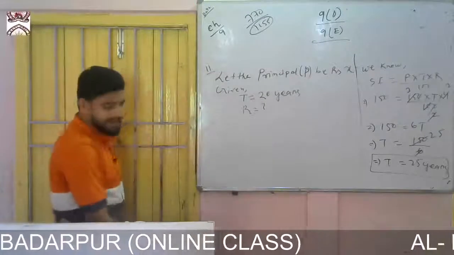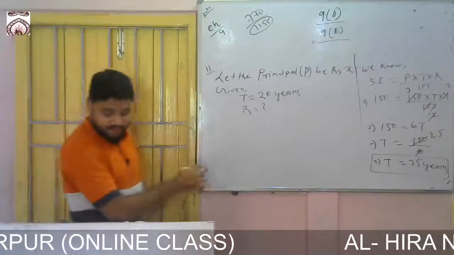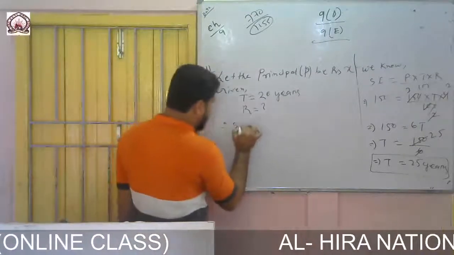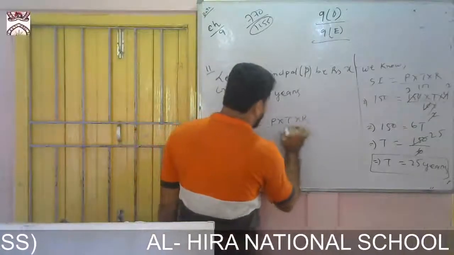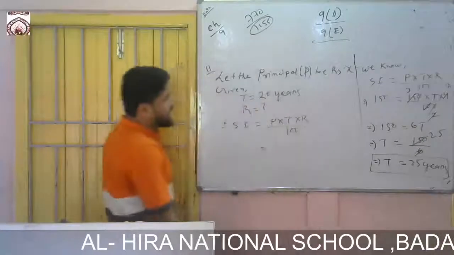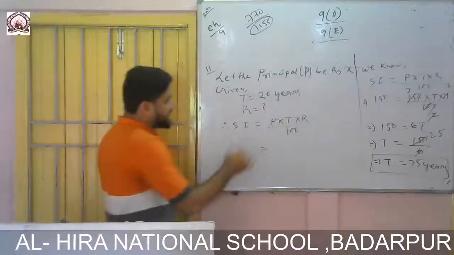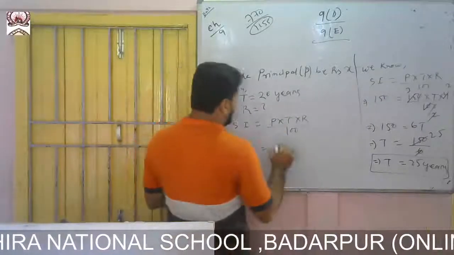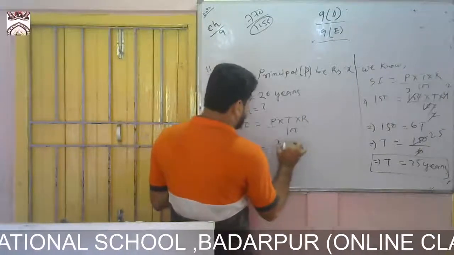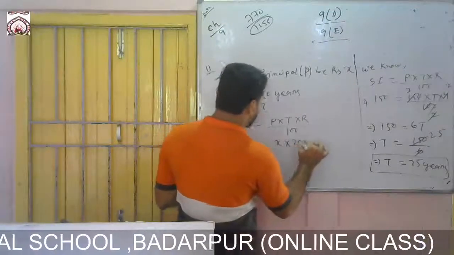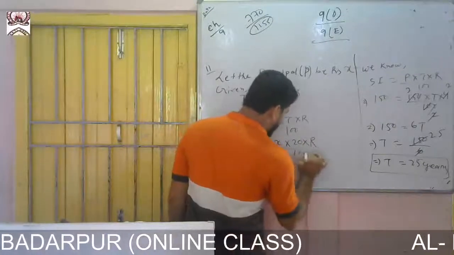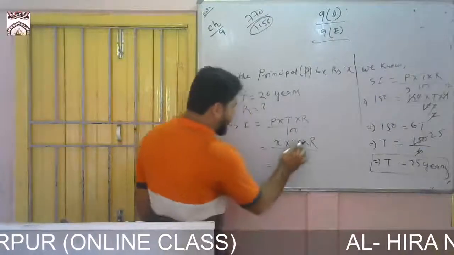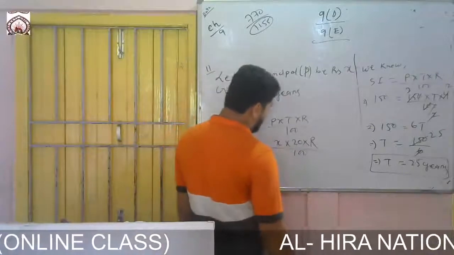Now SI we know. Therefore SI will be P into T into R by 100. P we don't know, we let it be X, into T, 20, into R, which we also need to find, by 100. So it will be 20XR.